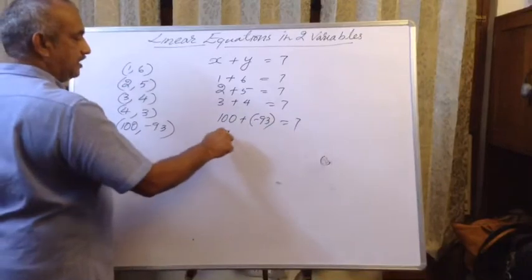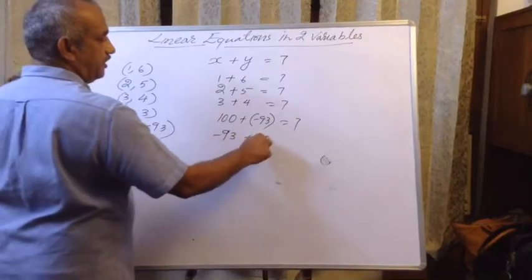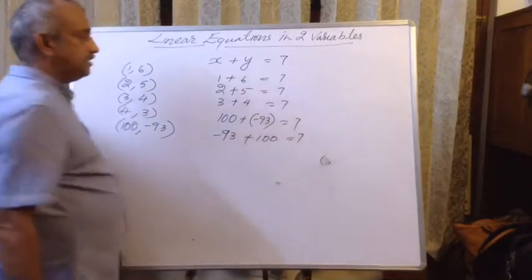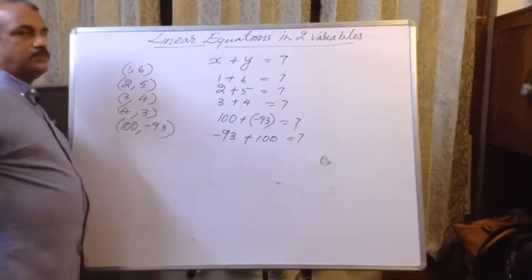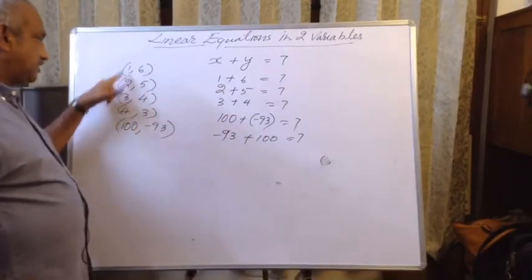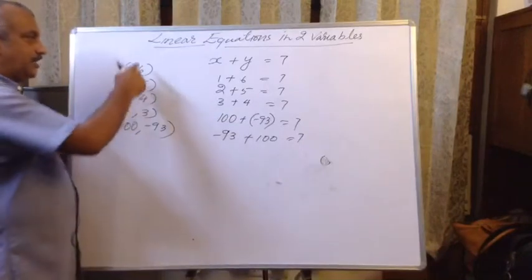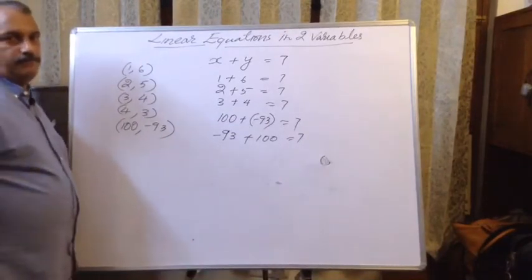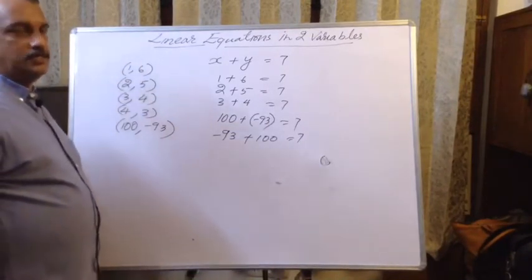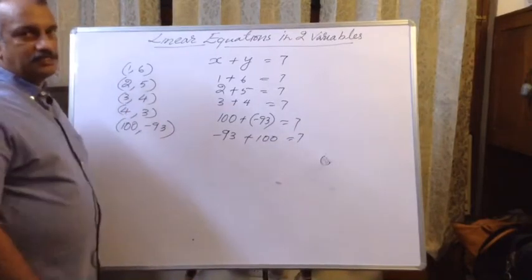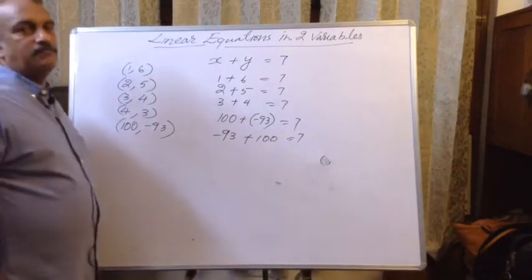Even minus 93 plus 100 again we get 7. So this is entirely different from that one. Here the first number is representing x and the second number is representing y.